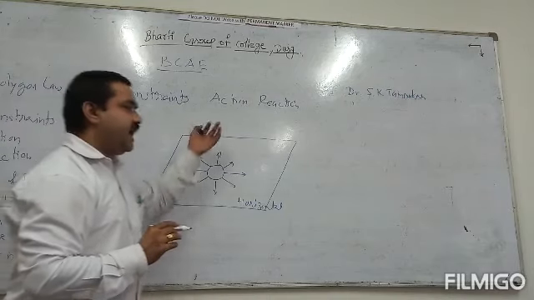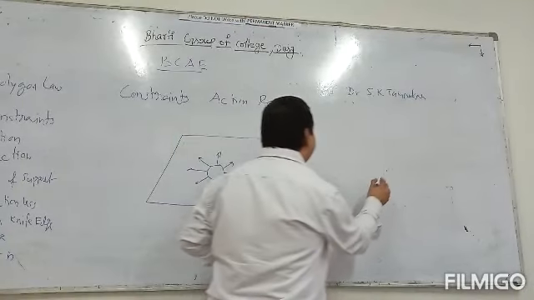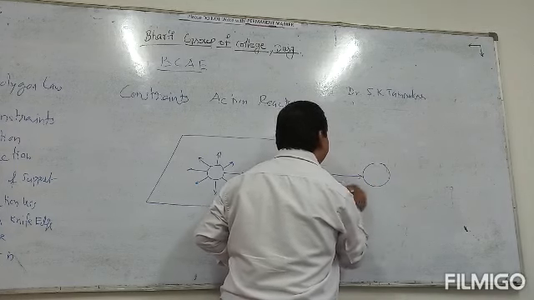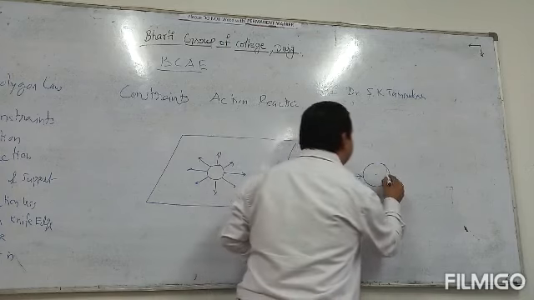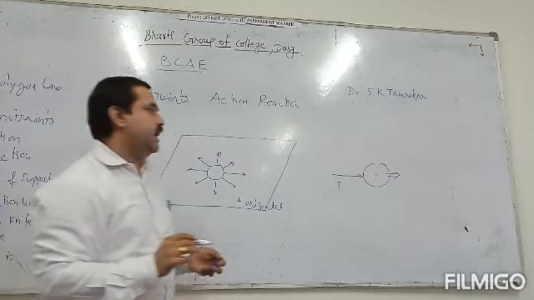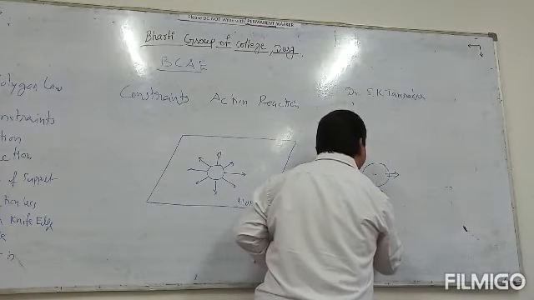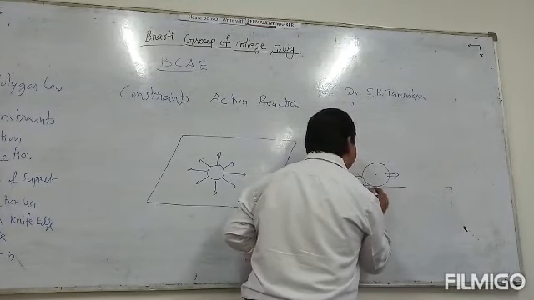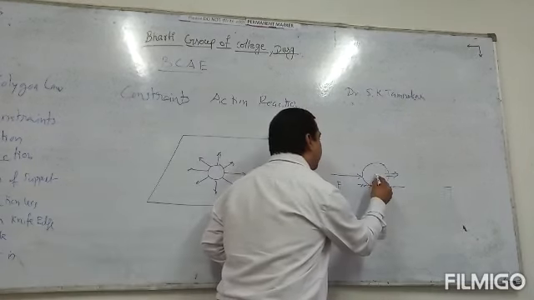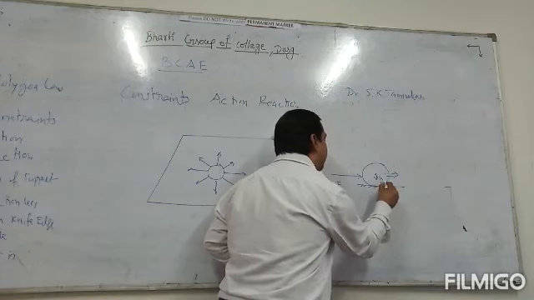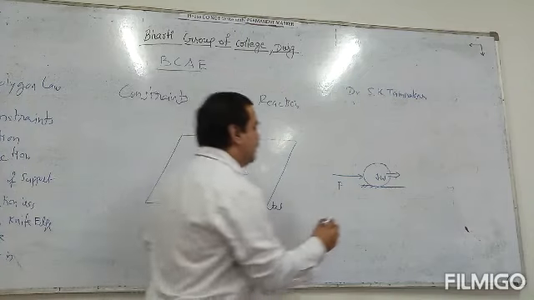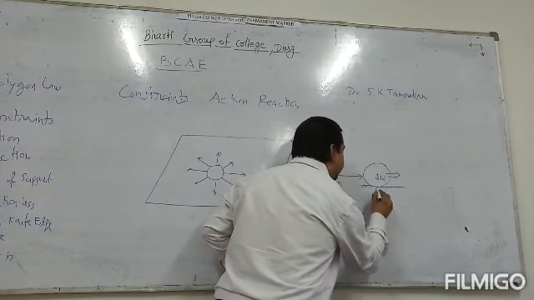Then action and reaction. If we give force to any ball, then this ball will move in this direction. This is called action. If this ball is resting on a horizontal plane, then the weight of this ball is acting downwards, and because of this some reaction from this horizontal plane is also there.